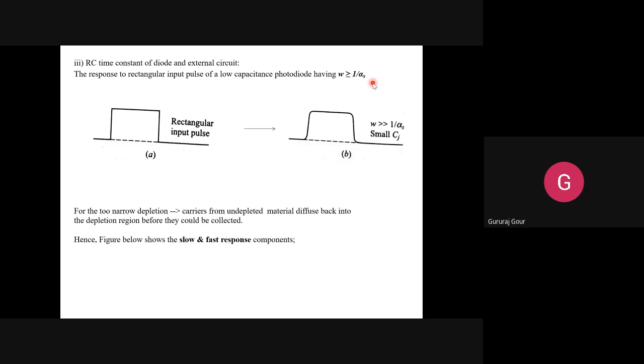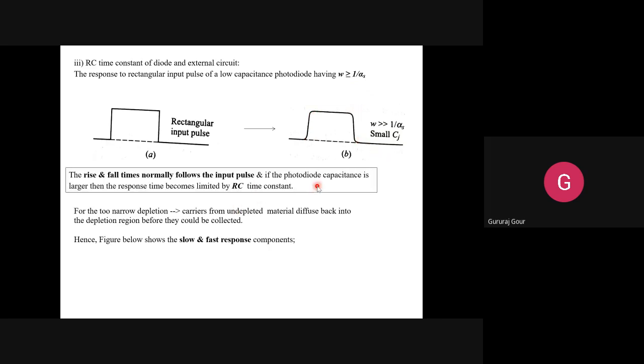Consider the response to a rectangular input pulse of a low capacitance photodiode, where the width is very much larger than 1 by alpha_s, the absorption factor. If the input is a rectangular pulse for a wide depletion region with a small capacitance, we get the output like this, with rising and falling edges like this.